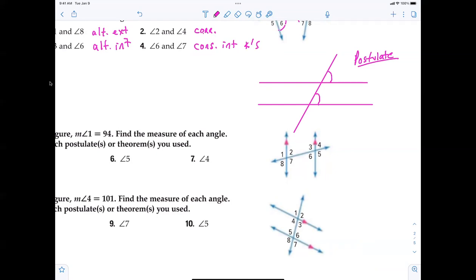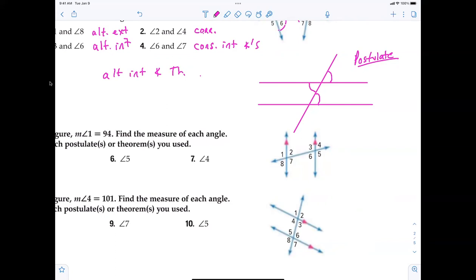Everything else is alternate interior angle, and that would be a theorem. Alternate interior angles are what? They're congruent.